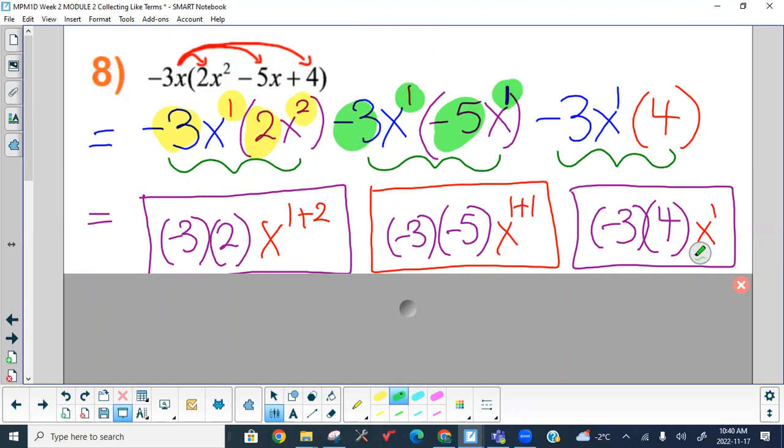And finally, -3 times +4, keeping the base the same and combining it with x to the power of 1. Now that's complex to do. It's complex to remember to do that because you're applying distributive property and you're using the power laws that we learned in Unit 2.